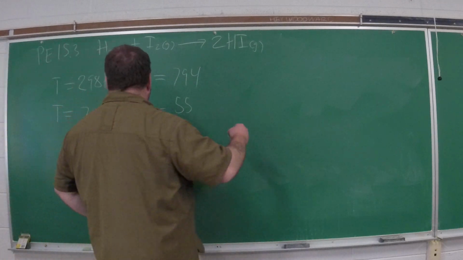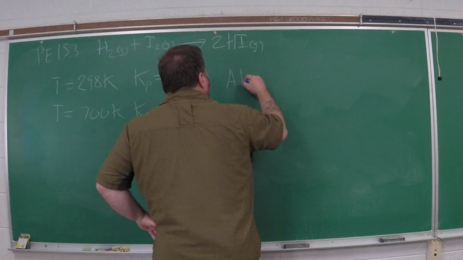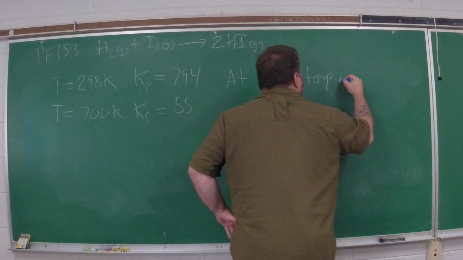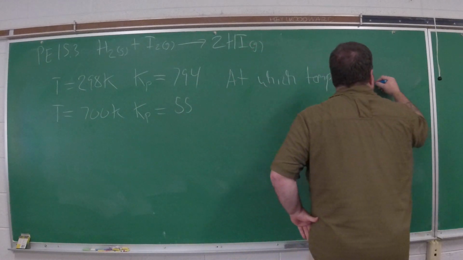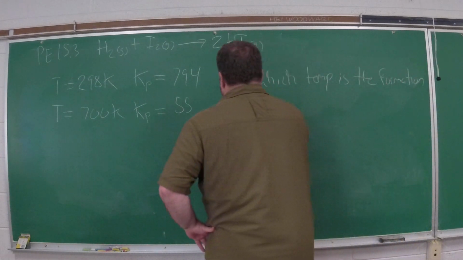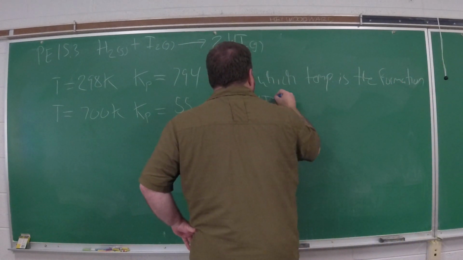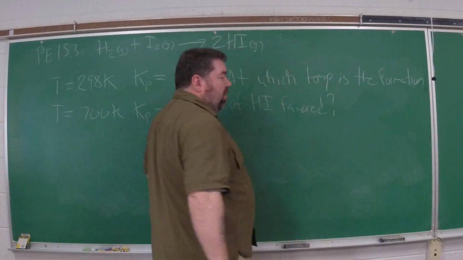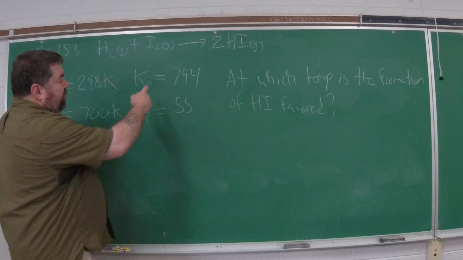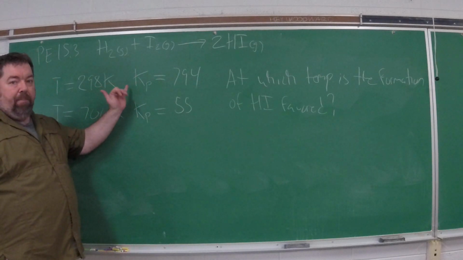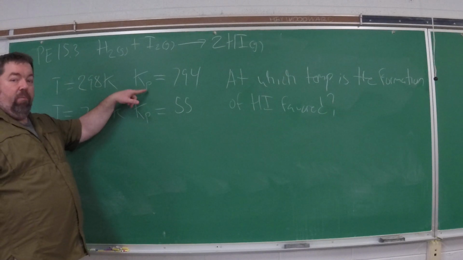So let me put it this way. At which temperature is the formation of HI favored, right? That's what they're asking, okay? Now we can just tell from looking at this, what did I say? The larger your Kc or Kp, the more the products are favored, right?